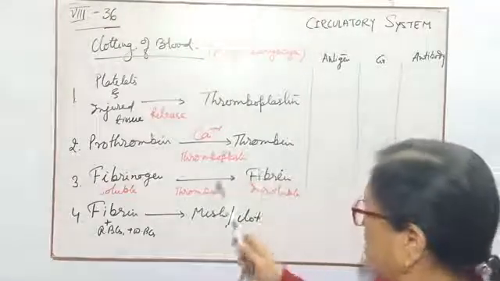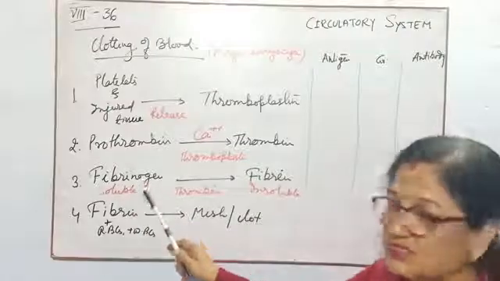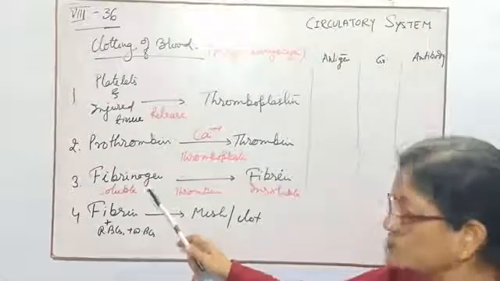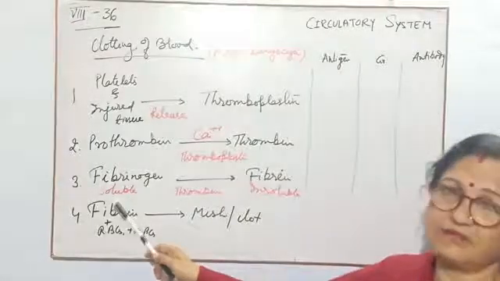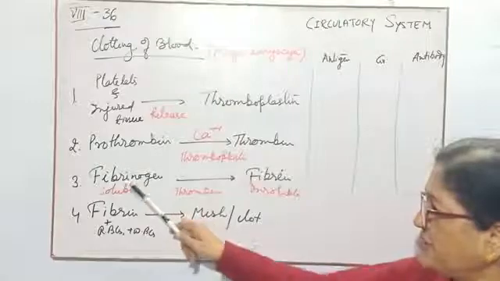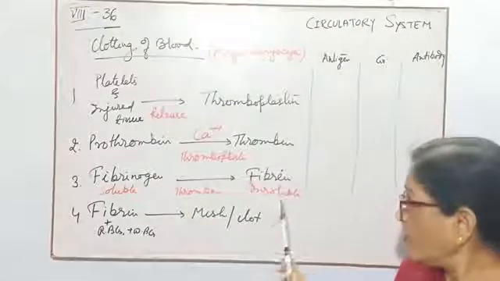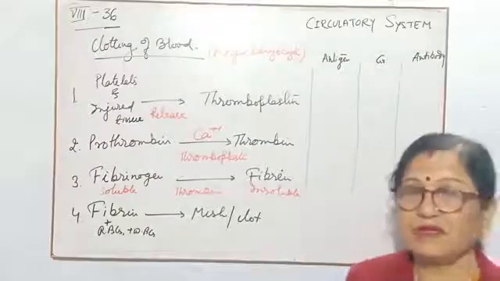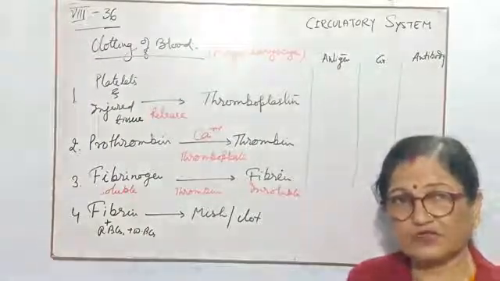Then this thrombin changes the fibrinogen. Again, children, here it is gen, so it is also an inactive form, but it is a soluble protein found in our blood. Then in the presence of thrombin, fibrinogen becomes active and gen is removed. Only fibrin remains, the insoluble protein.